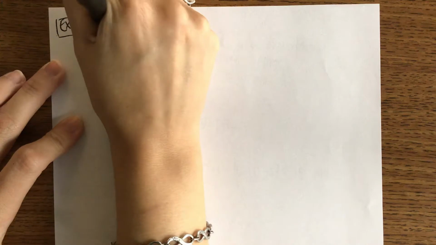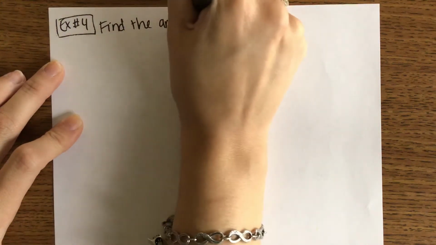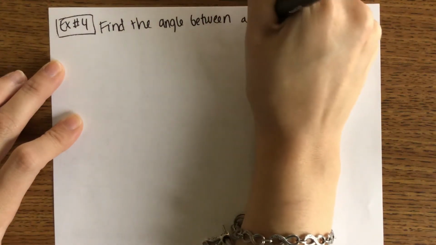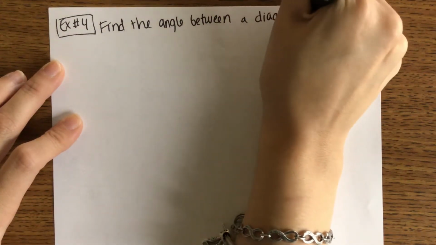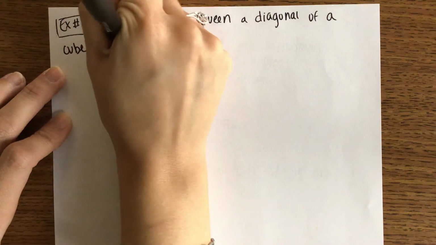I want us to find the angle between a diagonal of a cube and one of its edges.